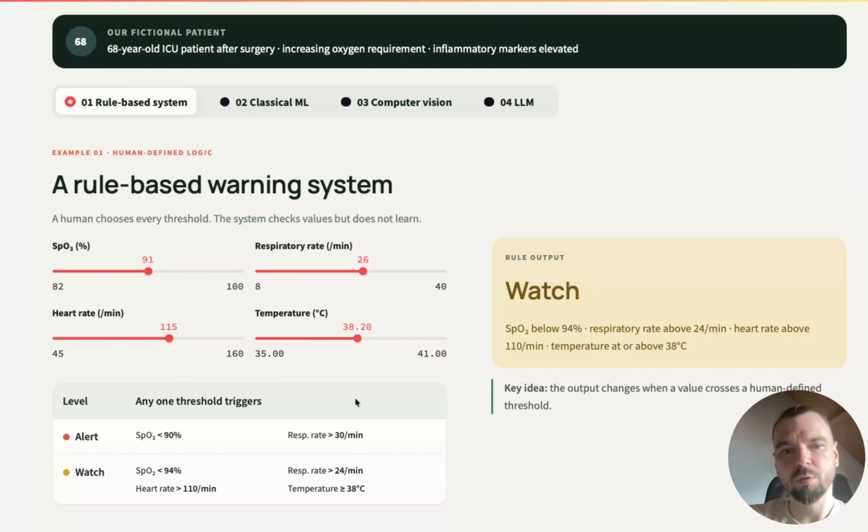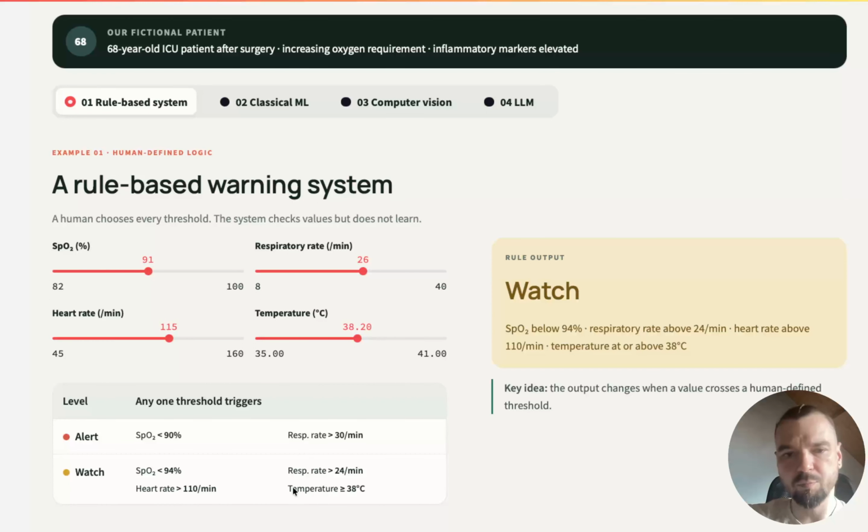Assume that, based on retrospective data, on the experience of a medical doctor, or on guidelines that were also developed based on retrospective data, we have rules that if SpO2 drops below 90% or respiratory rate rises above 30 per minute, we trigger an alarm threshold.